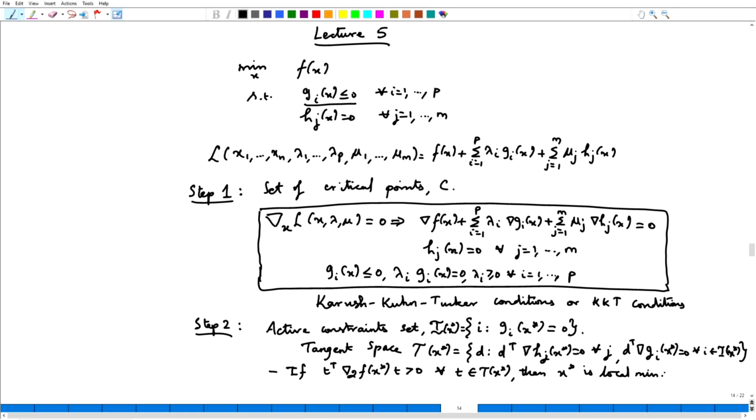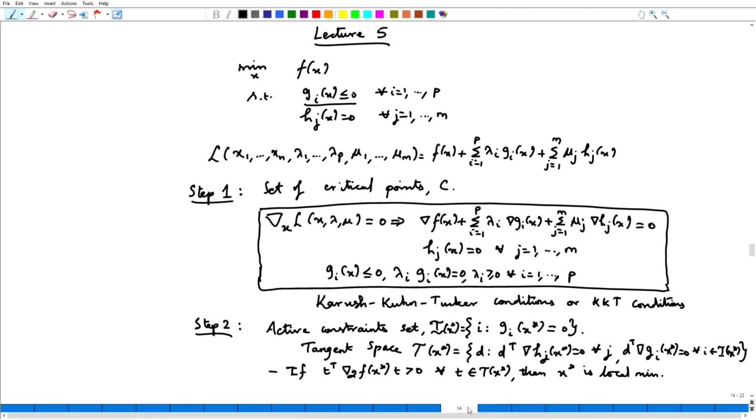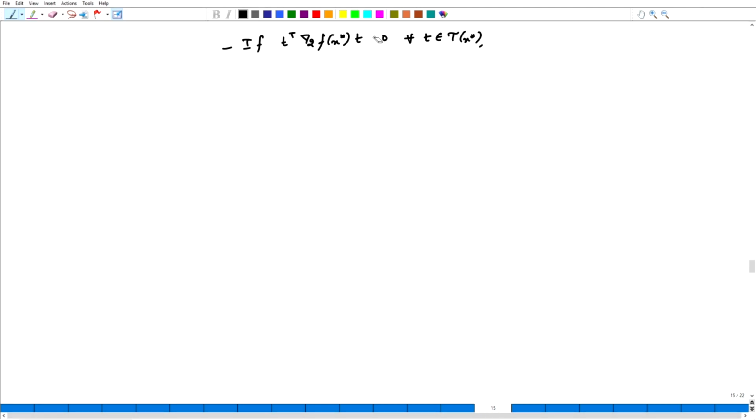And the conditions will be similar. I will just write them down anyway. If t transpose del 2 f of x star t is less than 0 for all t in T of x star, then x star is a local max.